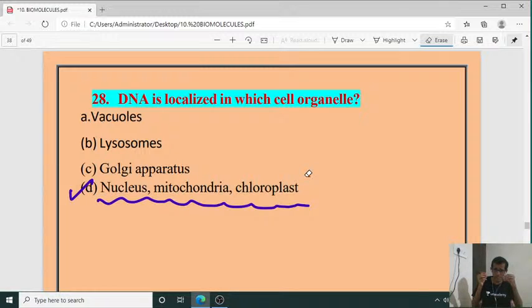DNA is common in the nucleus of eukaryotic cells and in prokaryotic cells, where the nucleus is a nucleoid, but DNA is there. In the mitochondria and chloroplast, we can observe DNA in their matrix. So other than the nucleus, DNA is present in mitochondria and chloroplast.